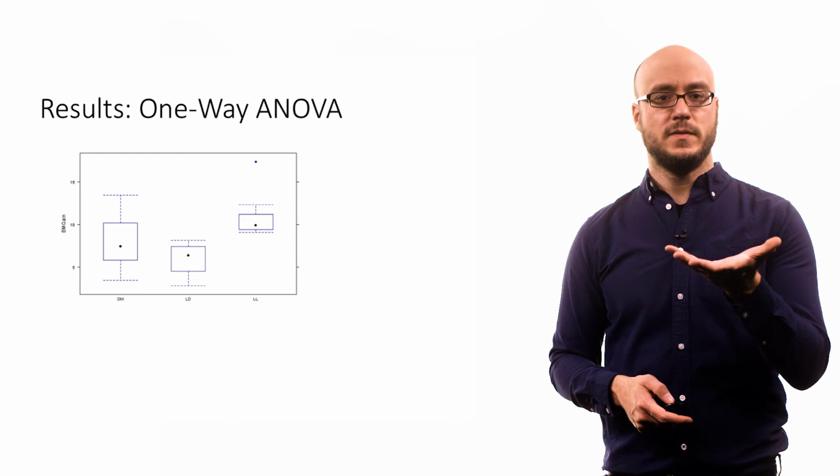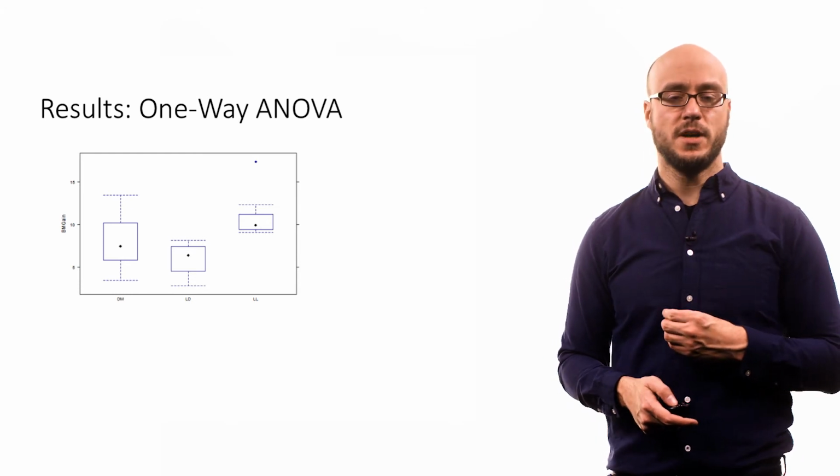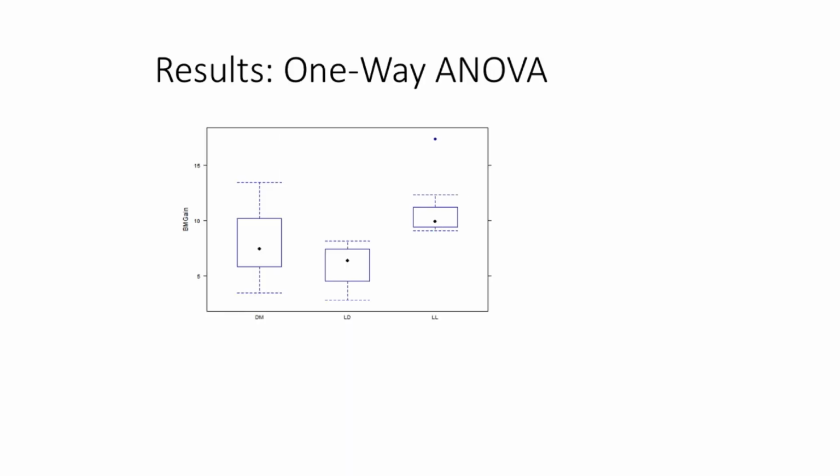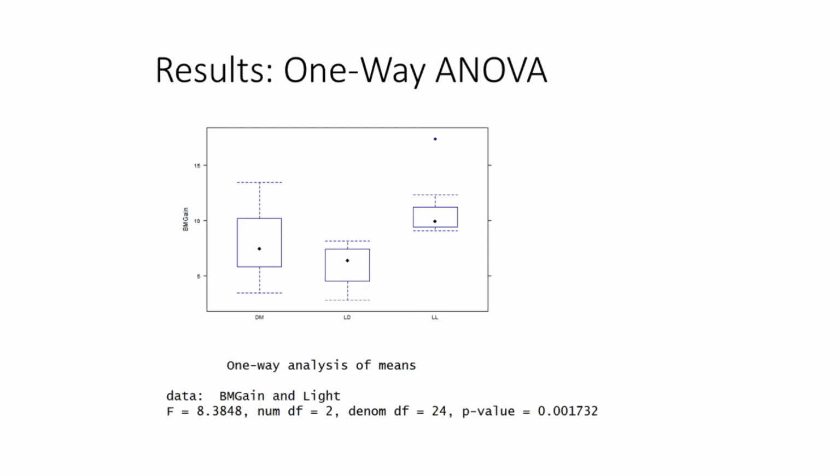This is the set of results from statistical software. Looking at the box plot, you can see that for these 3 different groups, there is some variability here. And then when we look at the one-way analysis of means, or variance, we get an F test statistic of close to 8. We have a degrees of freedom of 2 for our numerator. What that's referring to is the degrees of freedom related to the mean sum of squares. Right? That's because we have 3 groups, minus 1 equals 2.